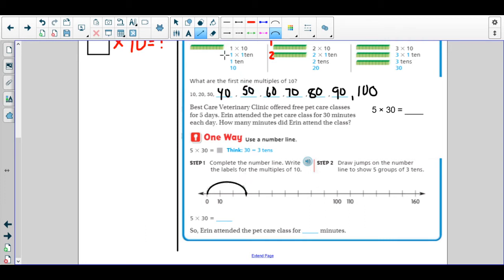All right, and let's go ahead and say, we're at 30 right here. Then we're going to have our next jump, which is going to put us at 60.